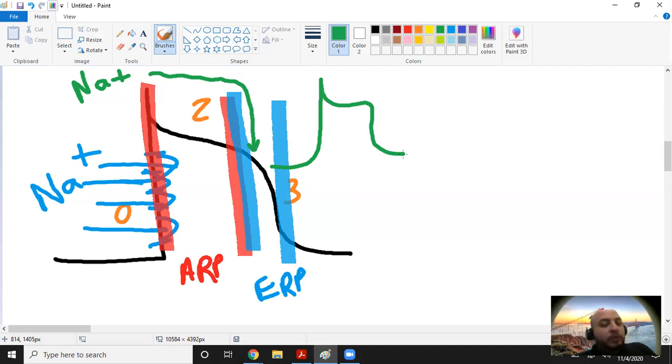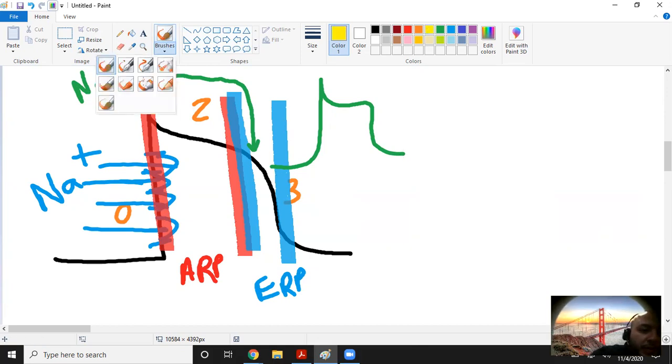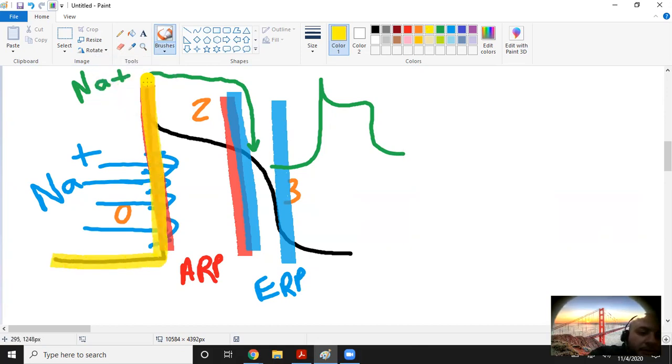However, what if I were to prolong the ERP? Well, how would I do that? As we can see here, the ERP is highly associated with phase 3, and as we said, phase 3 is associated with potassium. So what will happen if I give a patient a potassium channel blocker? Well, you will have something like this, and then you'll see this. Can you see how now the effective refractory period has prolonged?